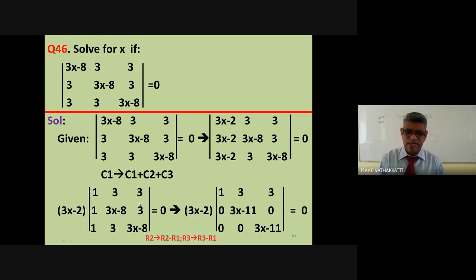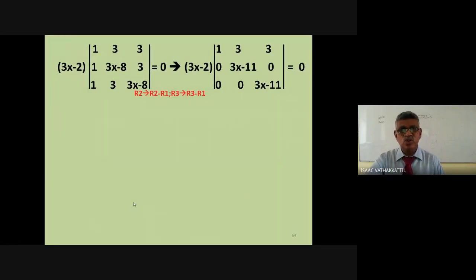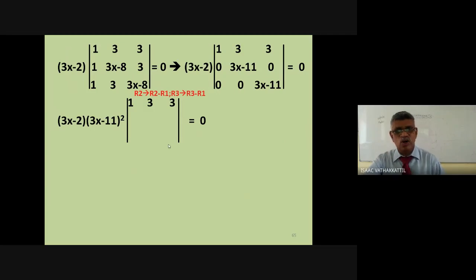It will be 3x minus 11 whole squared. So 3x minus 2 into 3x minus 11 whole squared multiplied by the determinant 1, 3, 3, 0, 1, 0, 0, 0, 1, equal to 0.